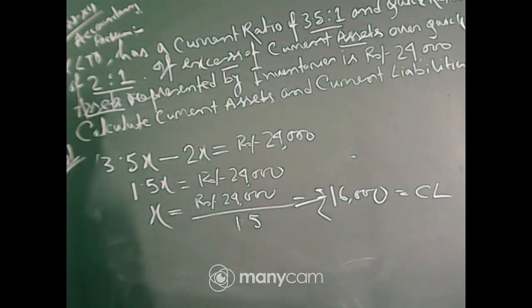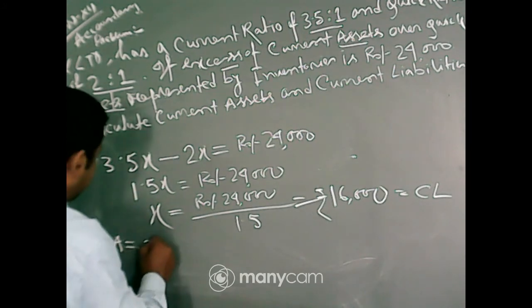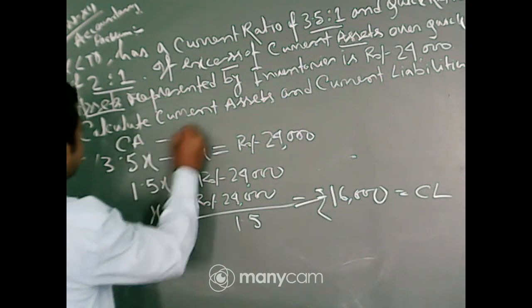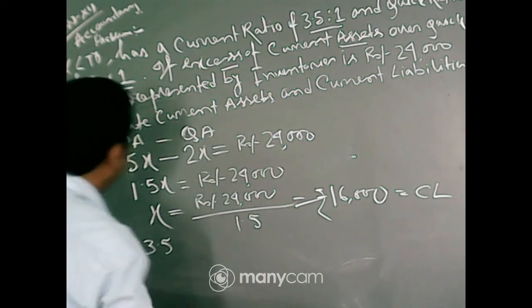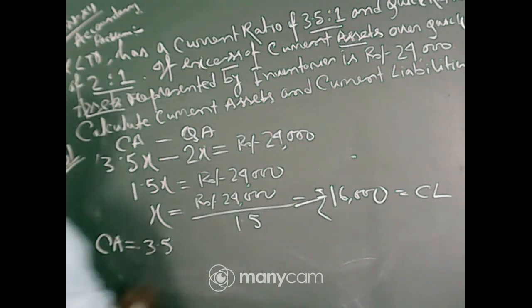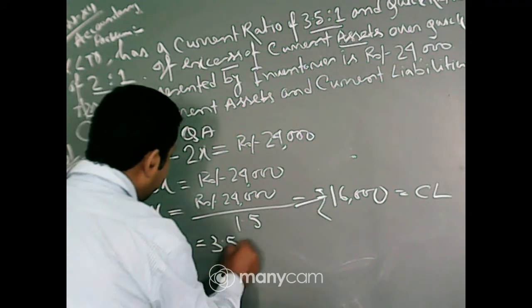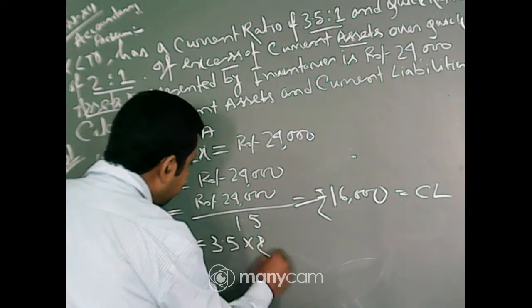Okay. So what is current assets? We have got current assets as 3.5x. So current assets is 3.5x, just put the value of x, 3.5 into rupees 16,000.